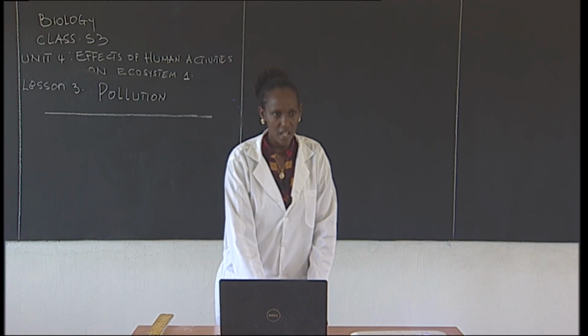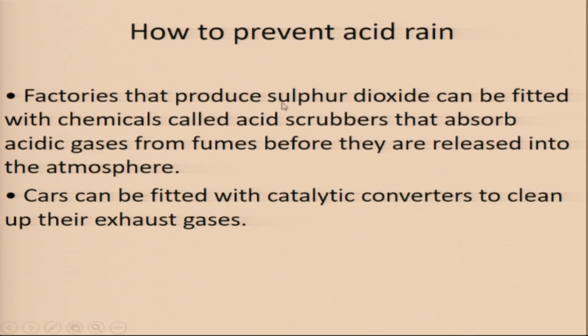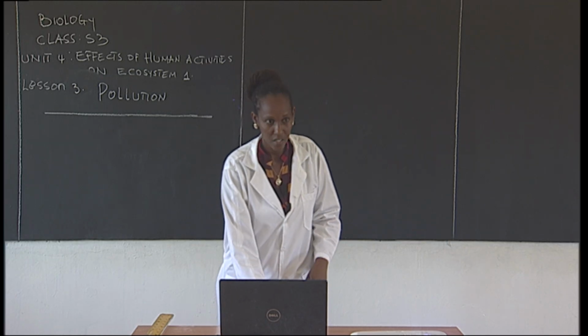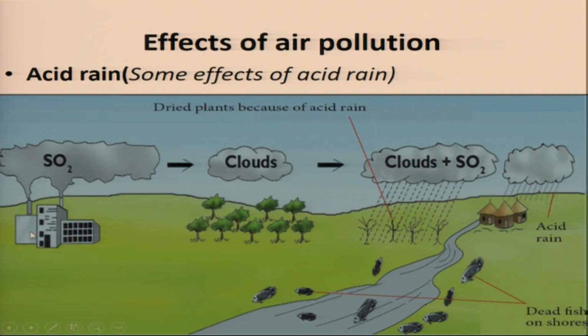One, the factories that produce these harmful gases need to be fitted with chemicals called acid scrubbers that absorb acidic gases from fumes before they are released into the atmosphere. So the factories, as we have seen, are the ones that release these harmful substances, like sulfur dioxide. We have seen the factory releasing sulfur dioxide, which has led to the death of all of these animals and plants, all right?